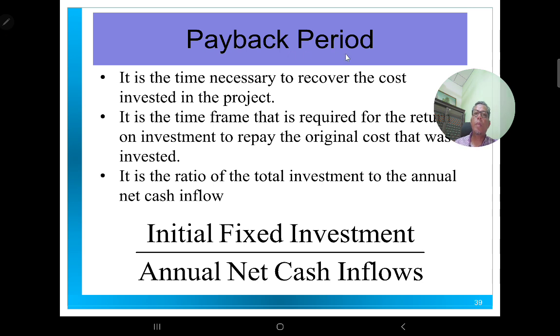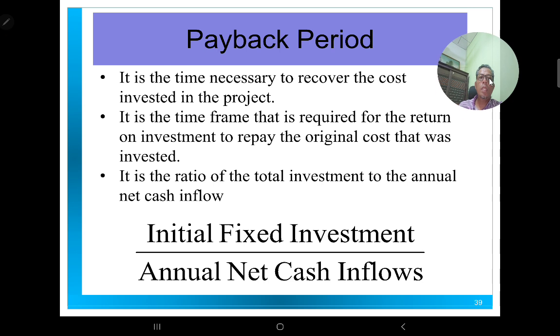So the payback period is the time necessary to recover the cost invested in the project. So you invest, for example, 1 million. So you will look into how the payback period will be calculated, whether at the end of the project term you should be able to gain some profit.